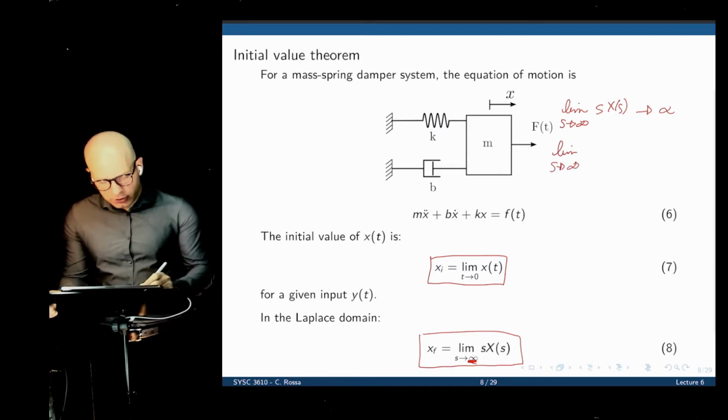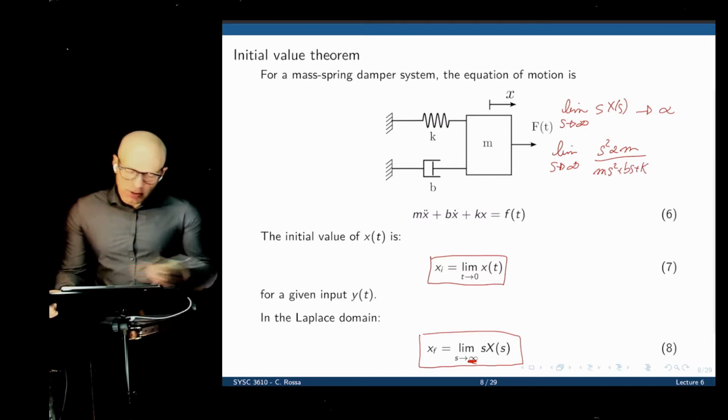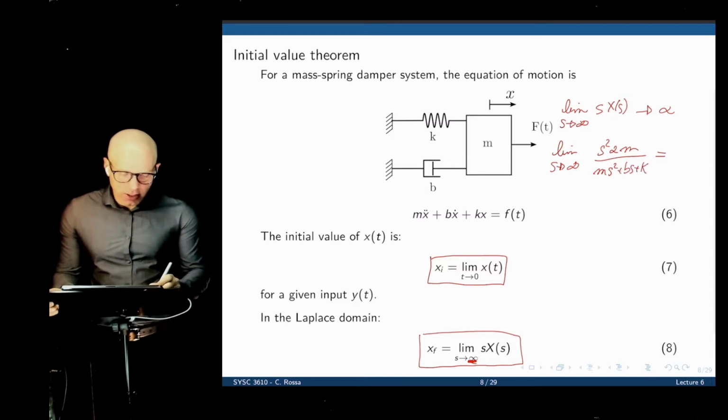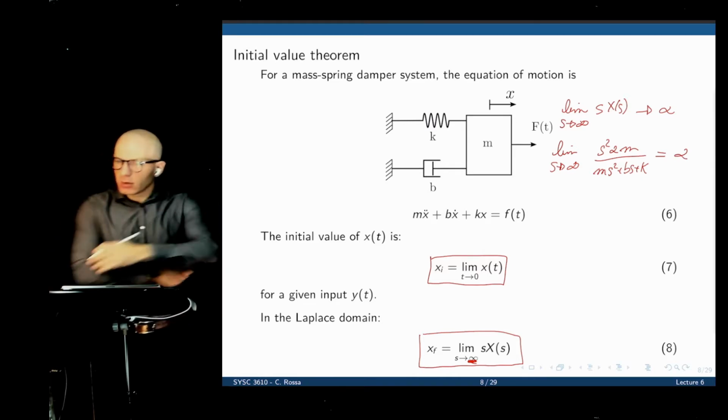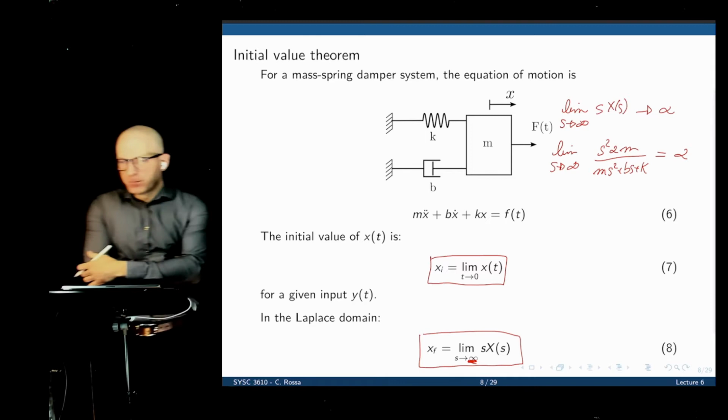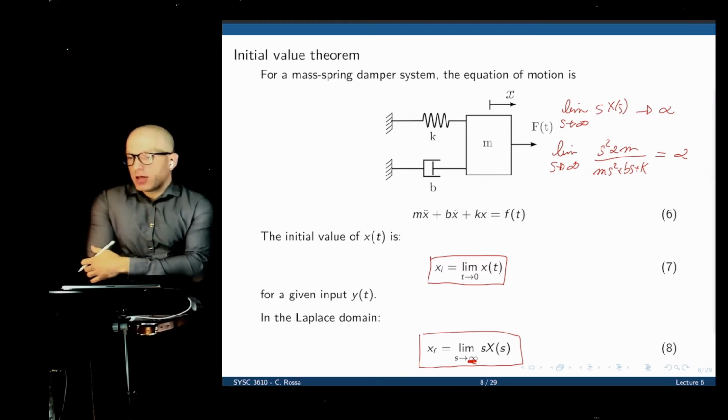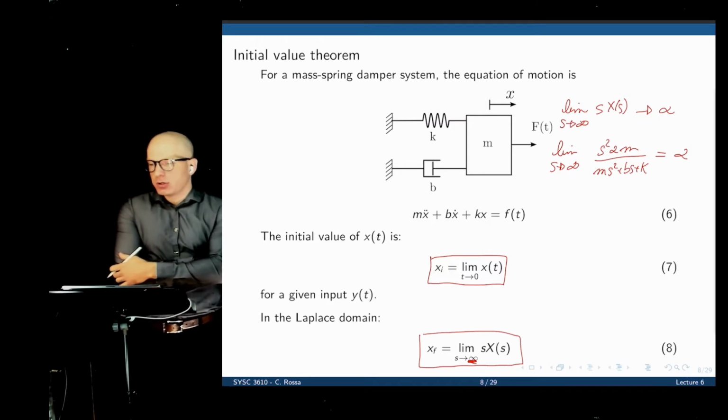Times all that function will become s squared alpha m over ms squared plus bs plus k. If you calculate this limit, it is a bit complicated, so I'm going to skip that, but trust me, it does converge to alpha. Again, a simple way to see where the system starts without computing the entire inverse Laplace transform.